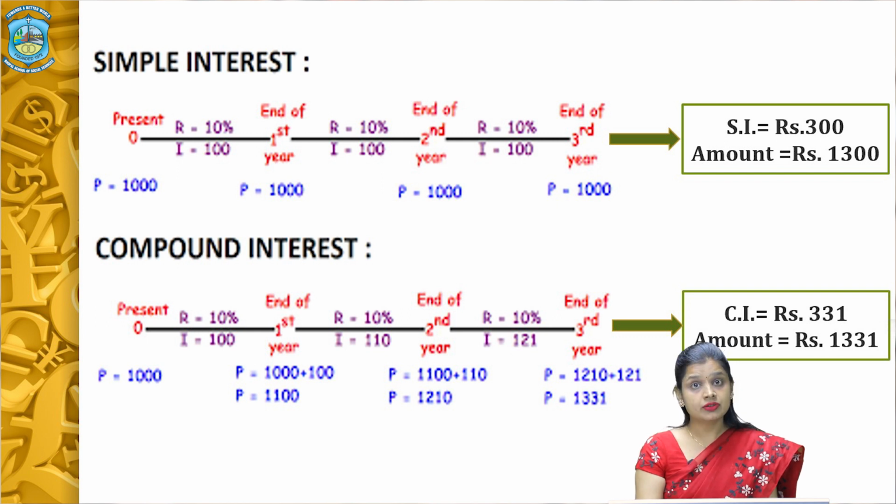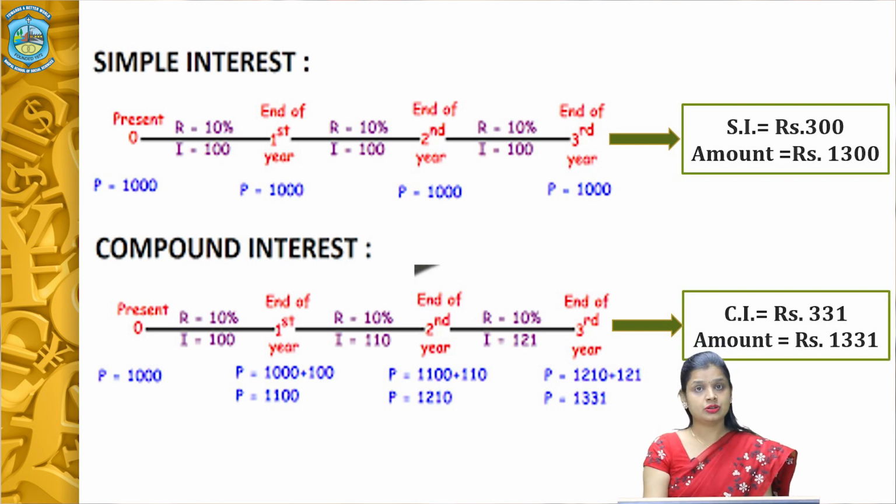At the end of the second year this interest 110 will be added to the principal, which is 1210. This will be the principal amount for the third year, and at the end of the third year you have to pay interest on this principal amount 1210, which is 121 rupees.